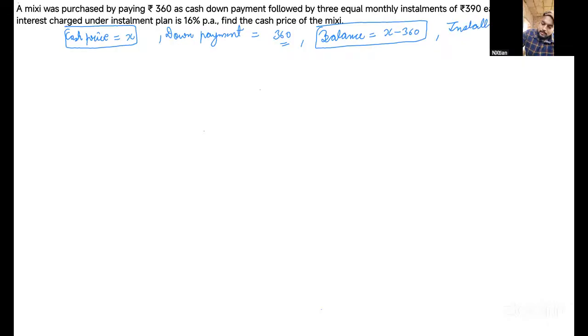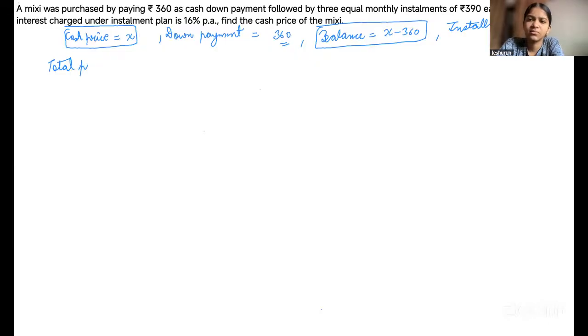Then what is the total paid under the installment? 1,170. How did you do it?